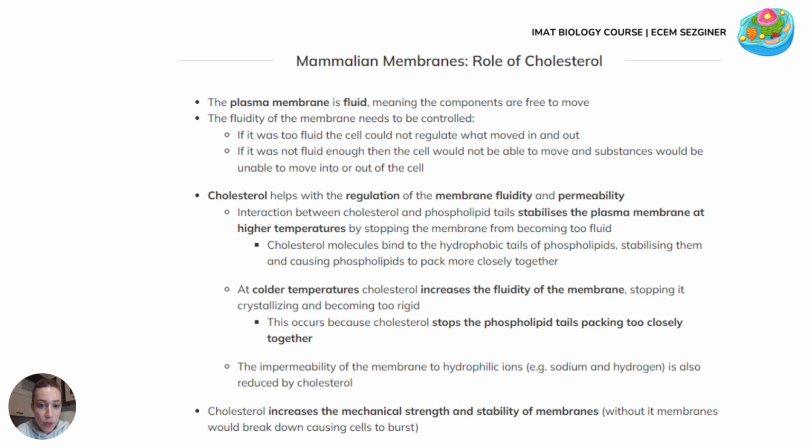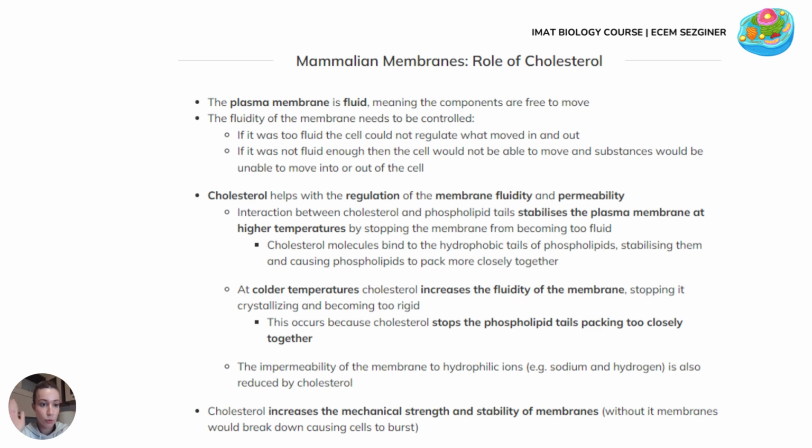And the interaction between cholesterol and phospholipid tails stabilizes the plasma membrane at higher temperatures, especially. Cholesterol molecules bind to hydrophobic tails of the phospholipids, and the stabilization occurs, and therefore the phospholipids stay together, they get packed together because of this interaction. On the other hand, at colder temperatures, cholesterol, still the same guy, can increase the fluidity of the membrane.